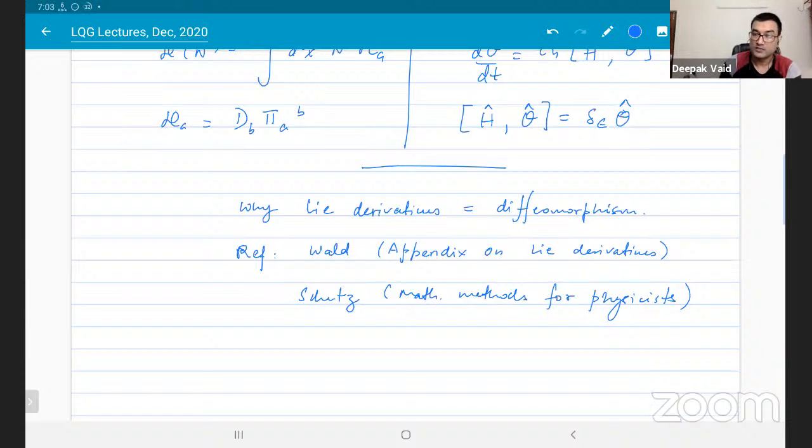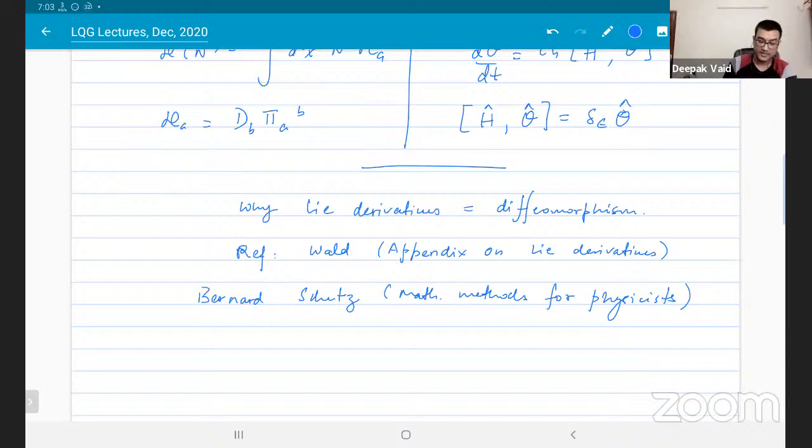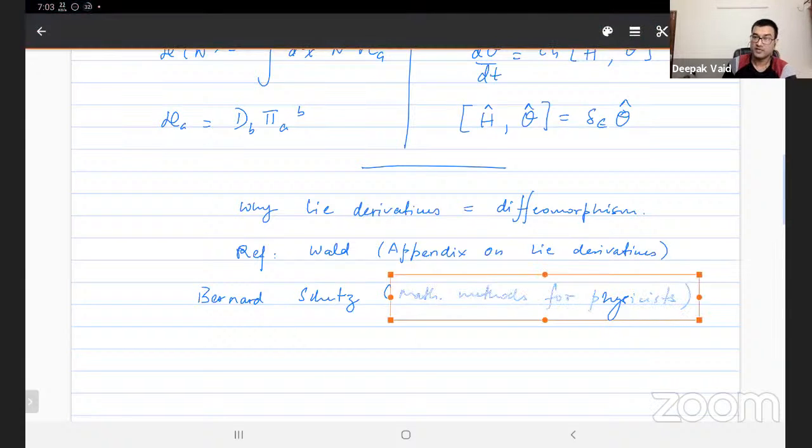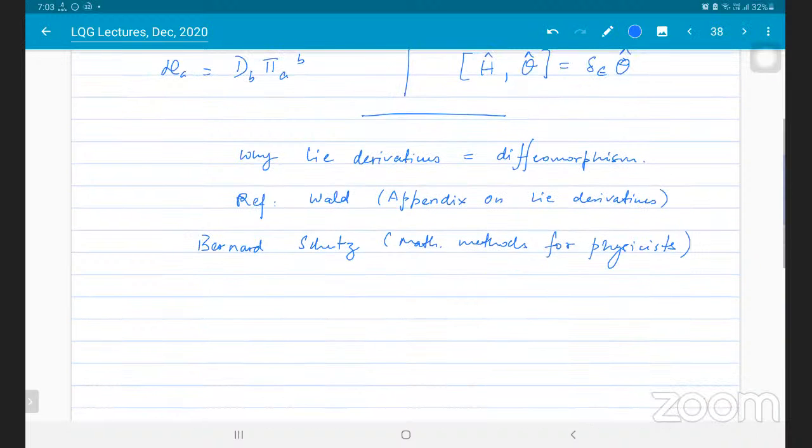Wald is not that transparent if you're trying to understand these concepts for the first time. This is Bernard Schutz, who also wrote the textbook A First Course in General Relativity, which most people use as an introductory textbook. I have his book on differential geometry, not general relativity. I think it's this book, Mathematical Methods for Physicists. Okay, I will see that. Yeah, it's a thin little book.